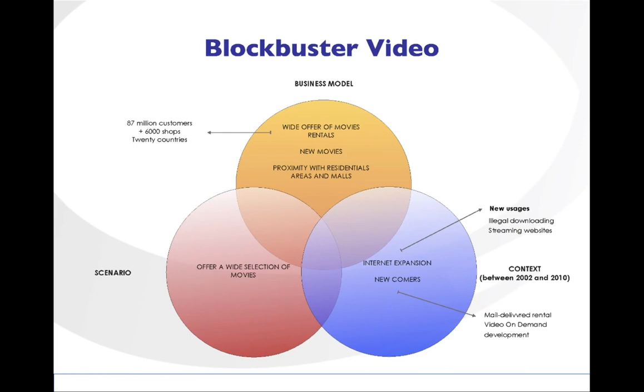6,000 shops, 20 countries. They offered a wide selection of movies, but internet expansion and these newcomers who were, in many cases, like Amazon, building off the back of another successful business, spelled the end for Blockbuster.